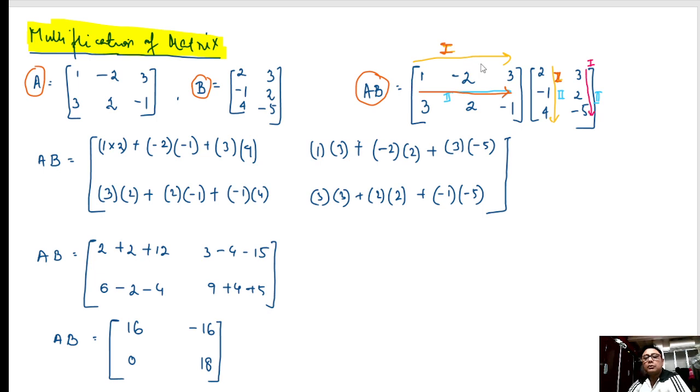Here the first row gets multiplied with this, then the first row will get multiplied with this, as you can see. So 1 into 3 plus minus 2 into 2 plus 3 into minus 5. Clear? So this is how we write it.